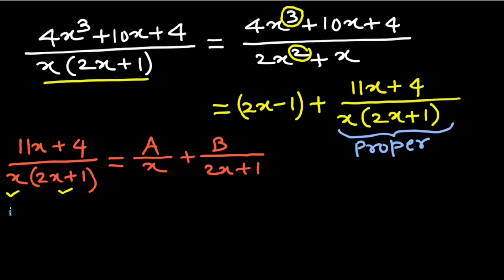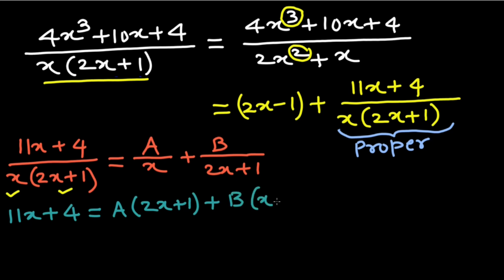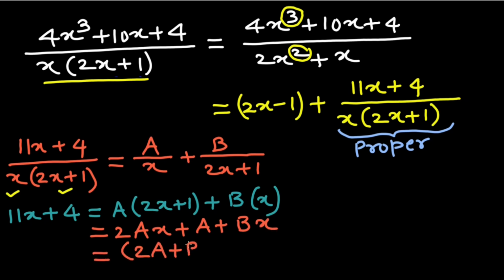This can be written as 11x plus 4 equals, by cross multiplication, a times 2x plus 1 plus b times x, which will be 2ax plus a plus bx, that is 2a plus b times x plus the constant term a.